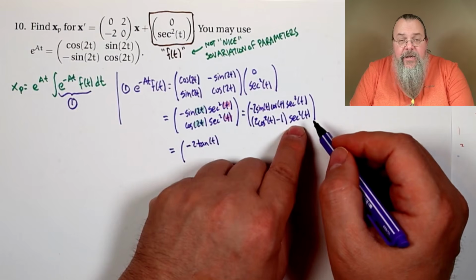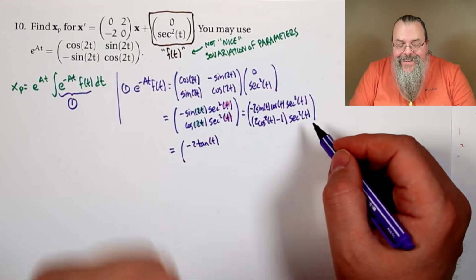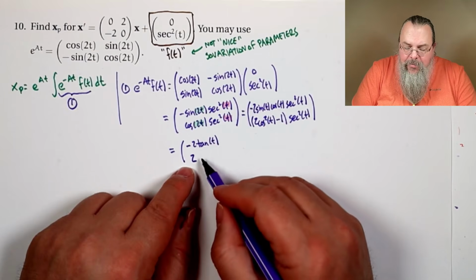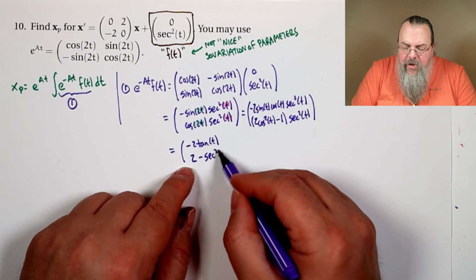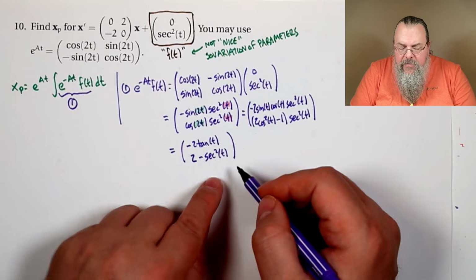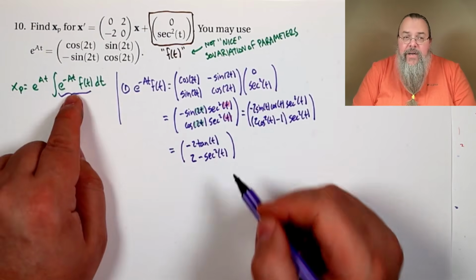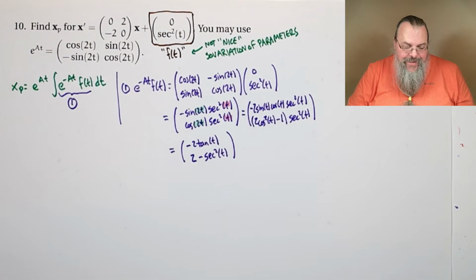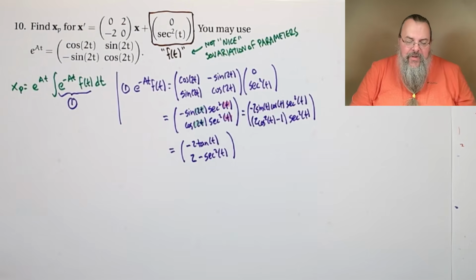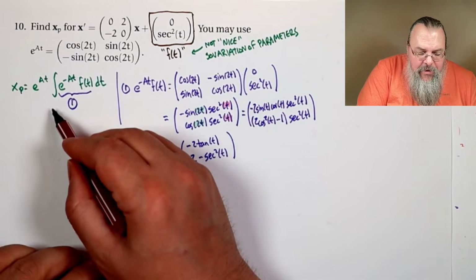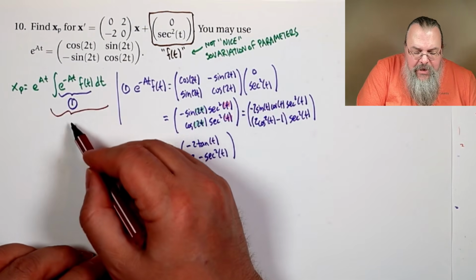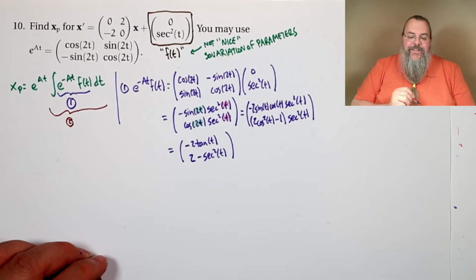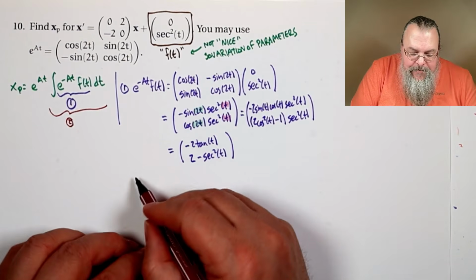Cosine squared times secant squared, 1. So that's a 2. And then we have a minus secant squared. And now all of these are going to make our next step more palatable. So what's our next step? Our next step is we're going to integrate. Okay, so that's step 2.